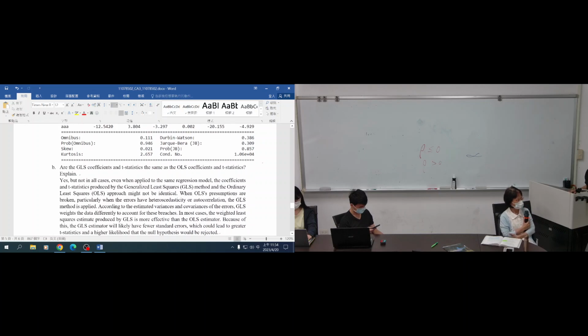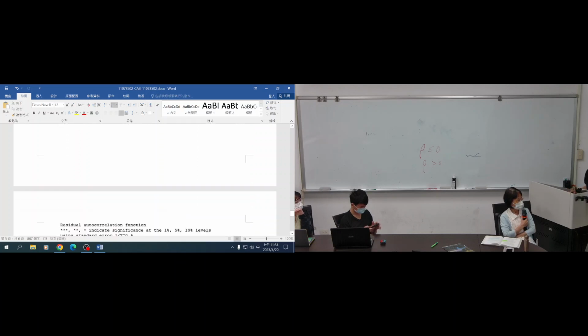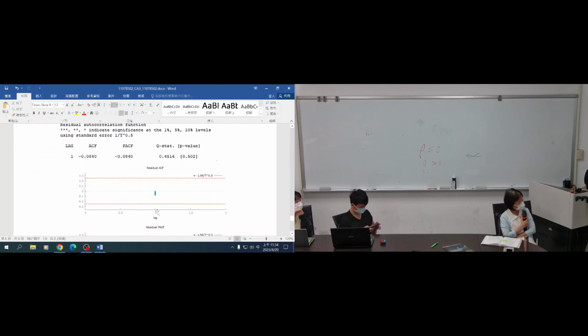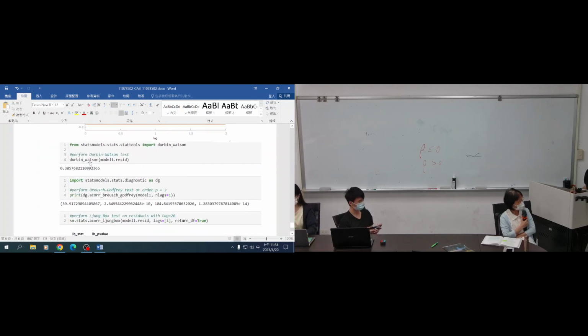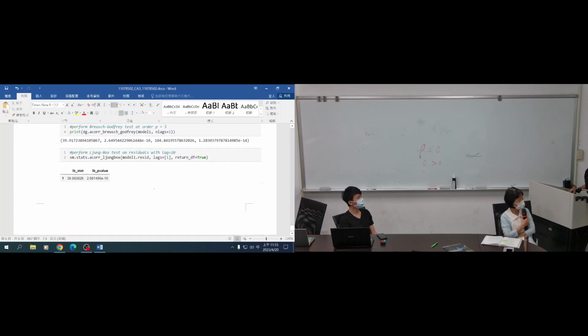I said yes here because we don't have grounds to say that we don't have serial correlation. I tried this one and it's still the same. The results for Durbin-Watson still present autocorrelation.